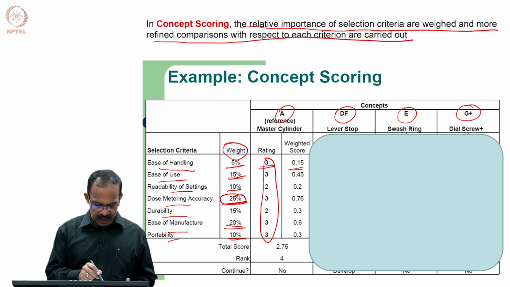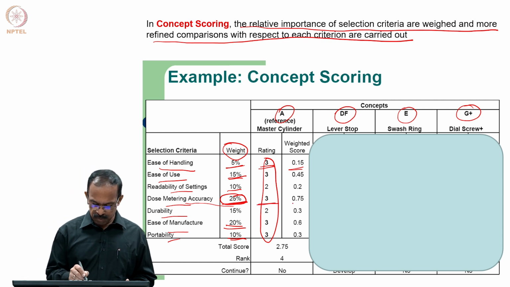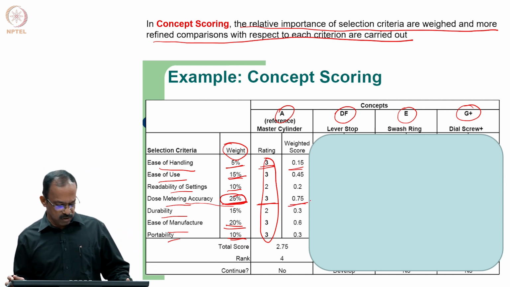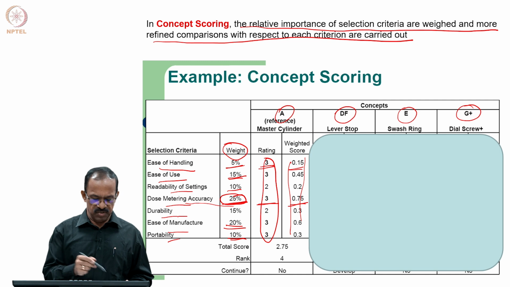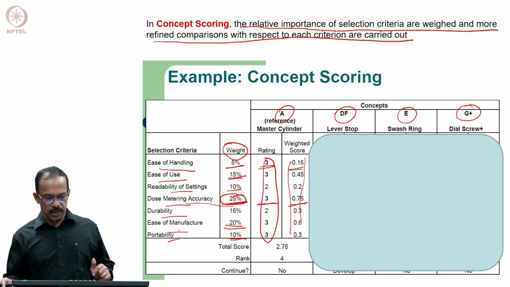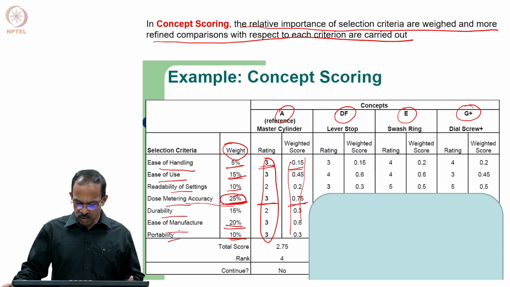In the same way for dose metering accuracy, the rating is 3, so you get 3 into 0.25 is 0.75 as the weighted score. This way you get all the weighted scores for this concept against the criteria, and you do this for all the other concepts also. For example, DF, E and G, you give the values.